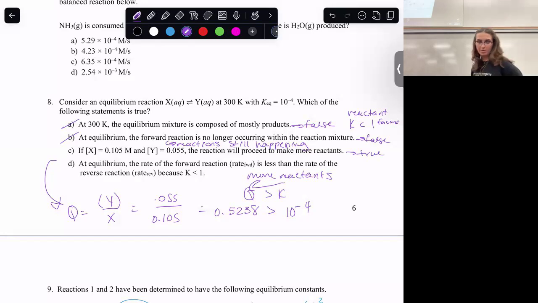And then at equilibrium, the rate forward is less than the rate reverse because K is less than 1. Nope, that's false. We know that these are equal. So rate forward equals rate reverse, because at equilibrium the rates are the same. So our answer is C. Any other questions on 8?